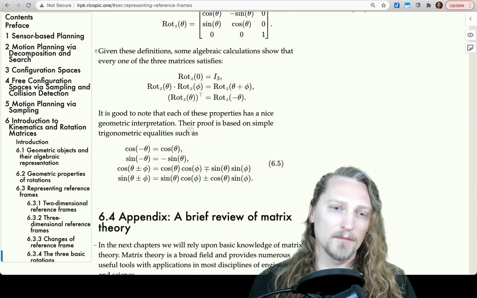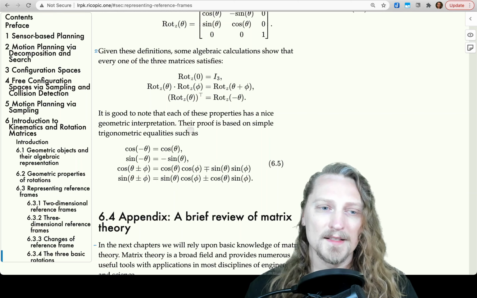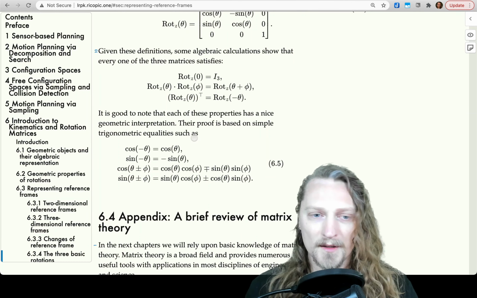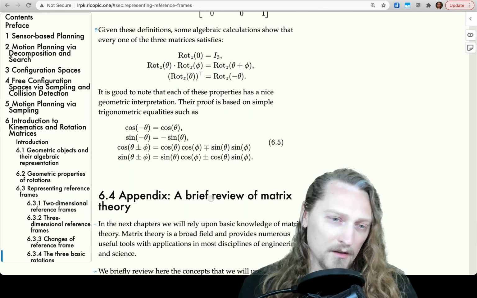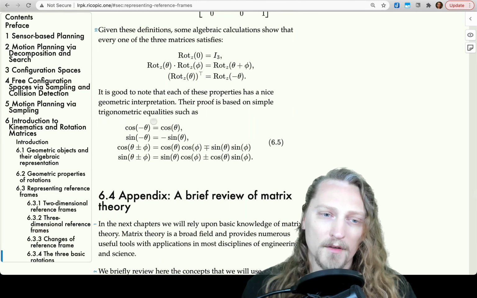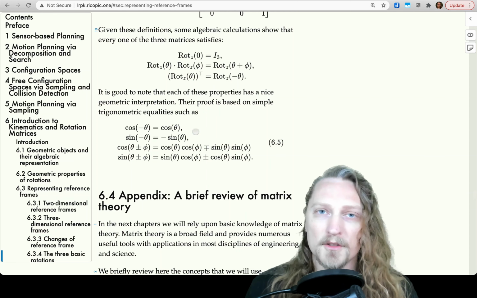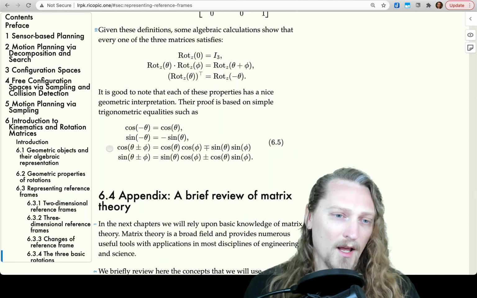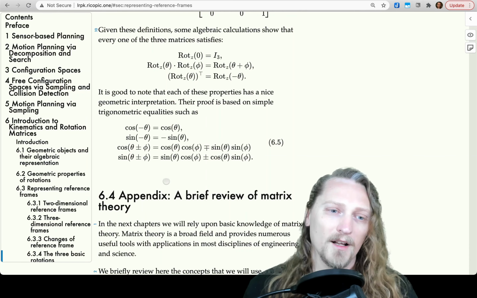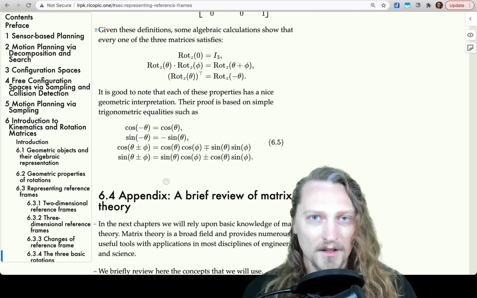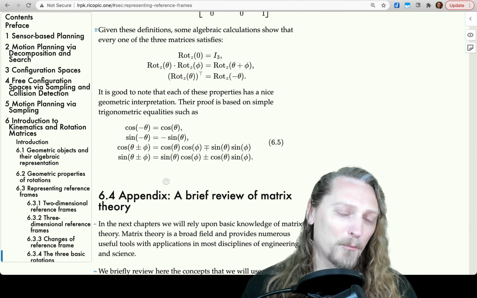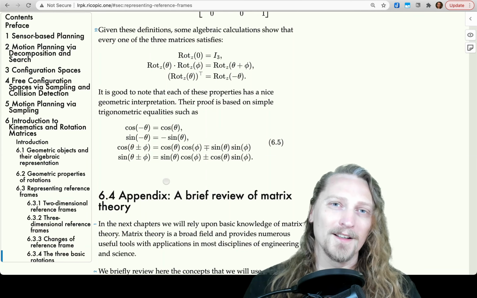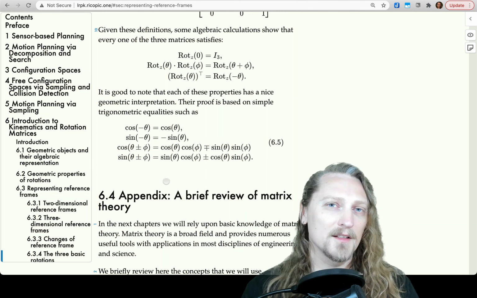Helps our intuition. Their proof is based on simple trigonometric equalities such as these shown in 6.5, and I think you're all familiar with them. The first and second are even and odd function identities, and the others are the sum and difference formulas that you probably have had to do proofs with before. So there is an exercise on this as well. So I encourage you to work through that exercise.